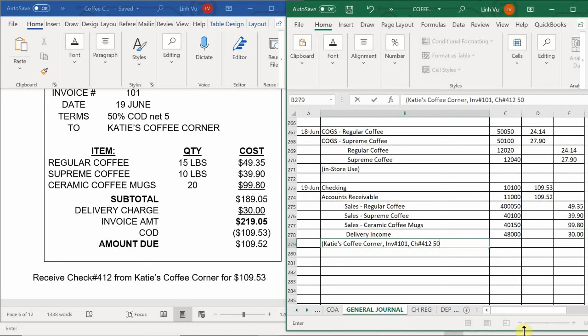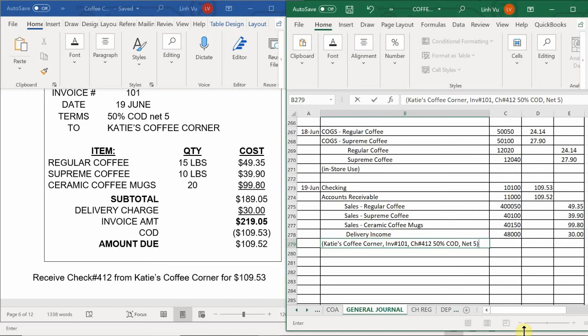So I'm going to say 50% COD. And I'm also going to add in that she owes the rest in net 5. So that covers one: who did I deliver to? Second, what invoice did I bill her for?